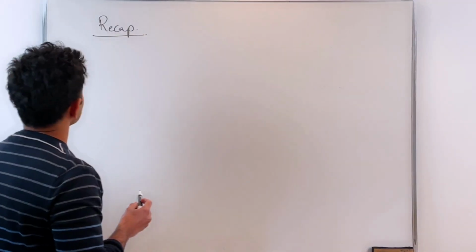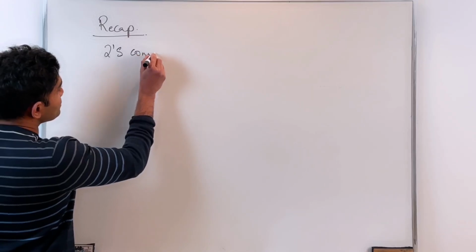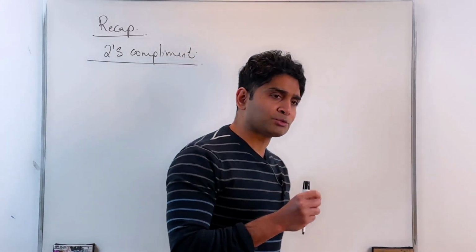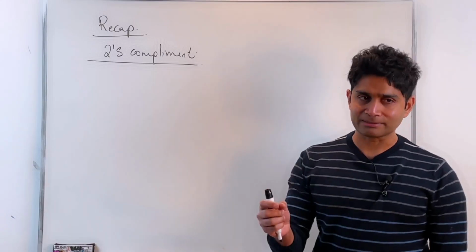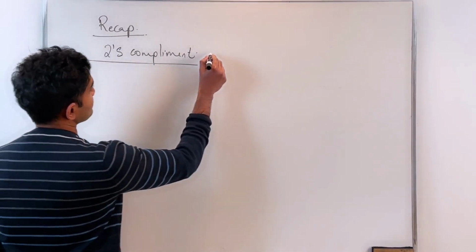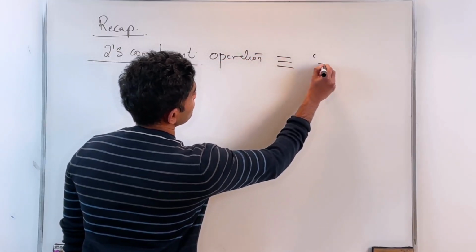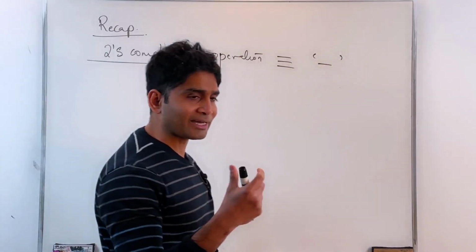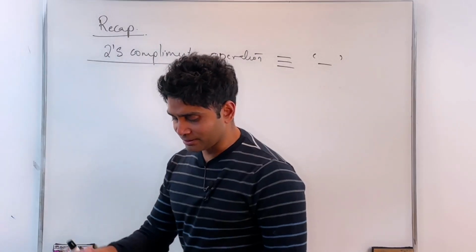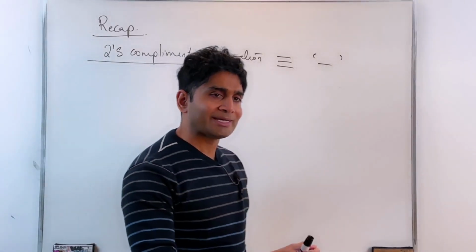In the last class, we covered the concept of two's complement representation in more detail. Whenever you think about two's complement, think of it as an operator that can negate a given number. Just like the negative sign, when you place it in front of a number, negates that number, in exactly the same way, when you do the two's complement operation on a given number, you are negating that number.